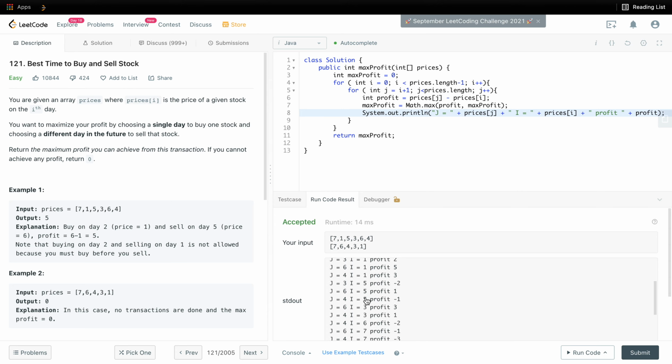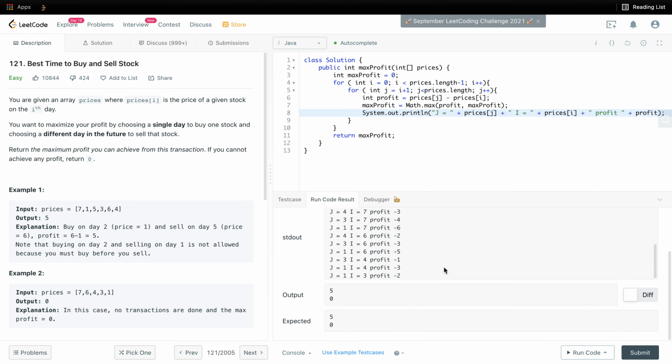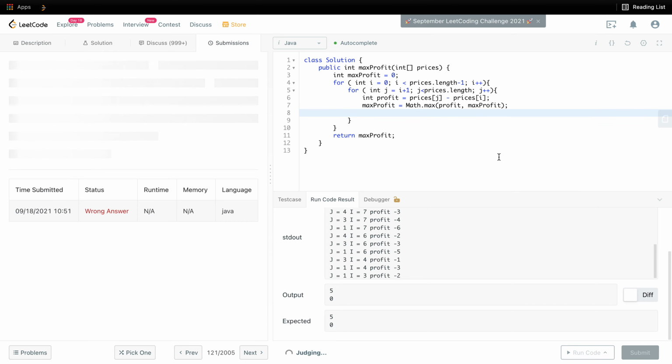In the next iteration again we could not get better profit than 5, so that's why we returned 5. I hope this is clear, and we can try submitting it.